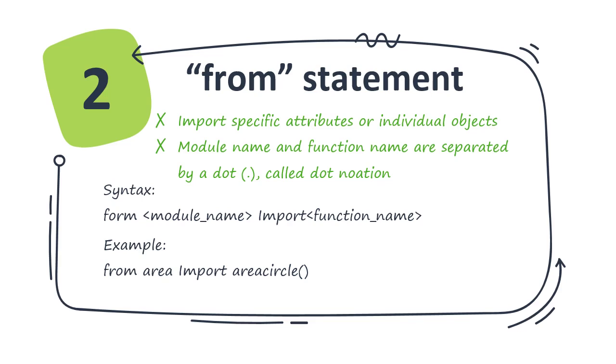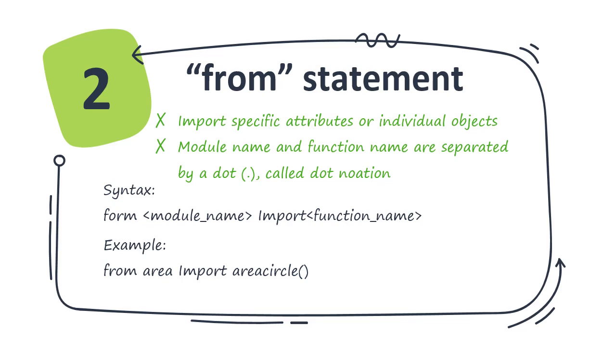Then the syntax is: from module name import function name. It's like English language structure: from a particular module name, import a particular function inside that module. As an example, we can see from area import area circle.